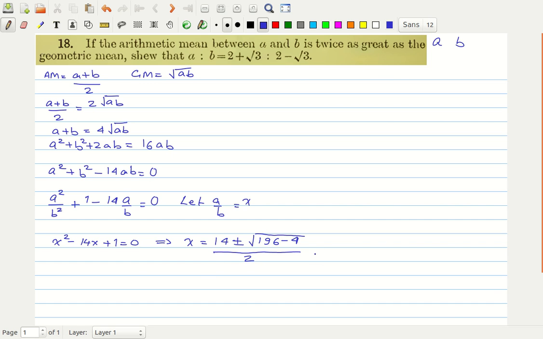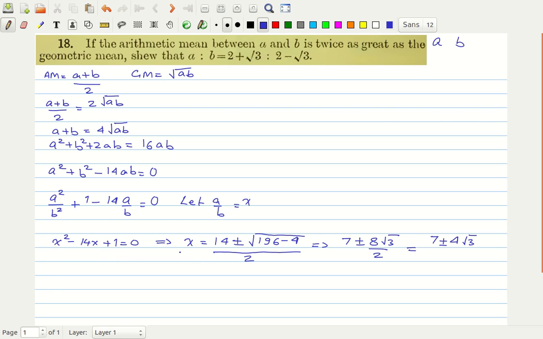So this comes out to be 7 plus minus, this is square root of 192, which is actually 192 can be written as 64 times 3, so this is going to be equal to 8 times square root of 3 divided by 2. This will be equal to 7 plus minus 4 square root of 3. So this is what our answer is.